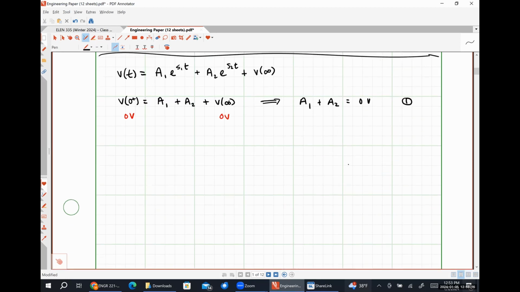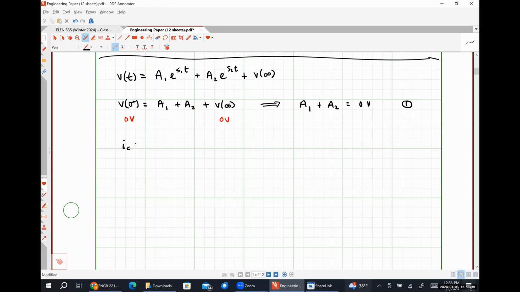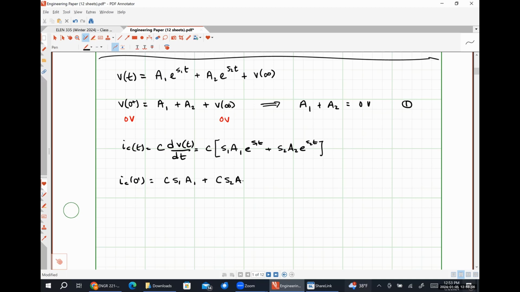So our capacitor current, IC of t, is C dV by dt, or C times S1 A1 e to the S1t plus S2 A2 e to the S2t. At t is equal to 0 plus, this reduces to C S1 A1 plus C S2 A2.